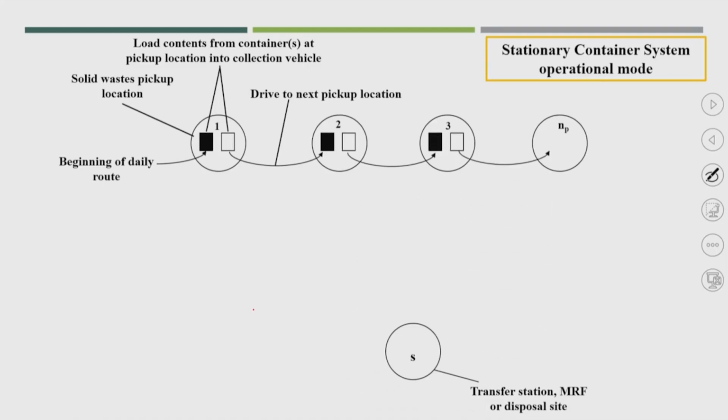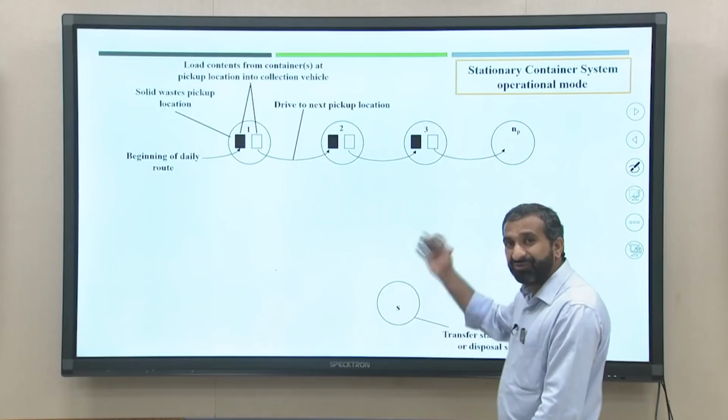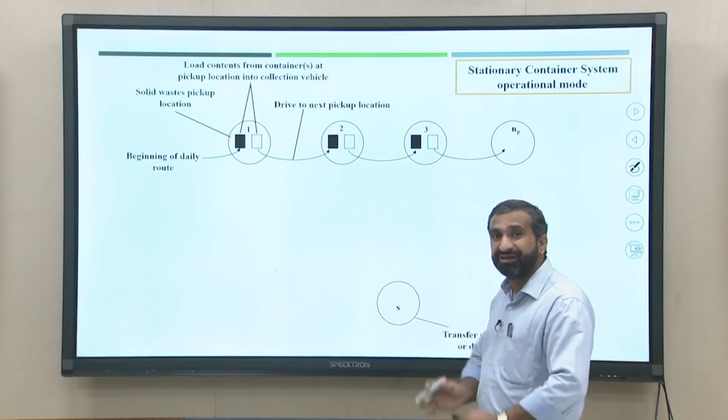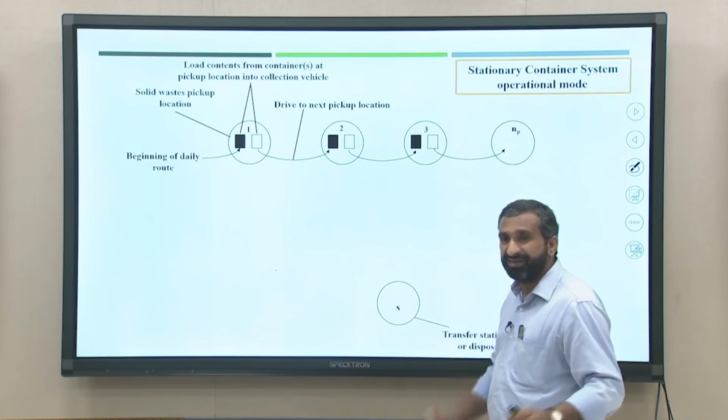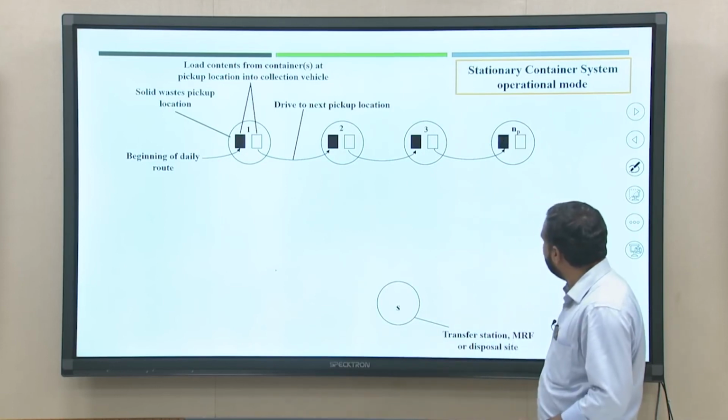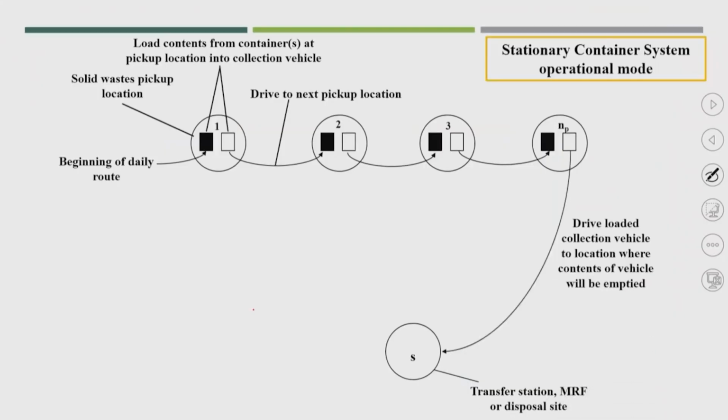Similarly, it will go to the nth location, or wherever the vehicle gets completely full, and after that it will go to finally empty it, and the entire waste will be hauled to the disposal site or recycling facility.